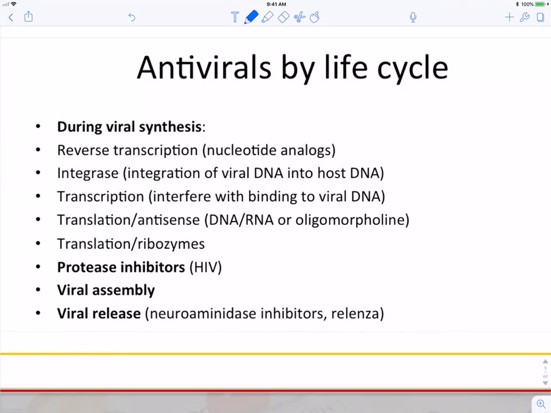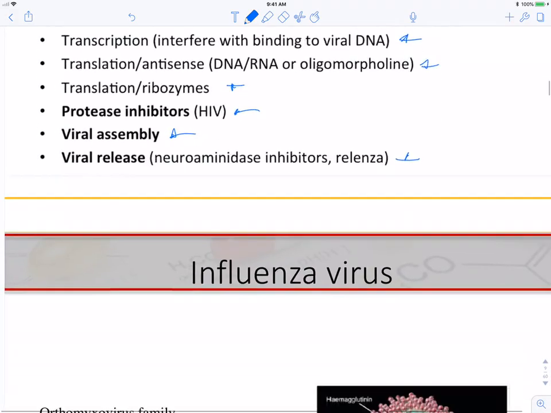And then for viral synthesis, so protein synthesis in general, we have inhibitors that target reverse transcription, integrase, transcription, translation, and also some that target mRNA directly. We also have protease inhibitors that basically interfere with the processing of the viral protein, and antivirals that interfere with viral assembly and viral release.